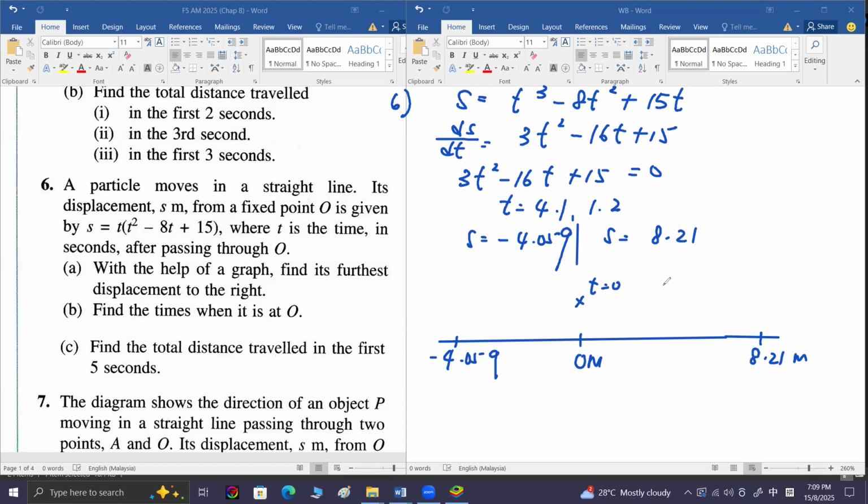When t is 1.2, see 1.2, it starts to turn. Then after that, it moves until negative 4.05, it starts to turn again. Means keep turning like that. Here I got t is 4.1. Okay, now the particle moves like that. You understand, class?